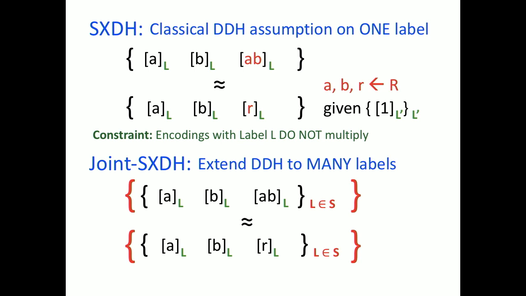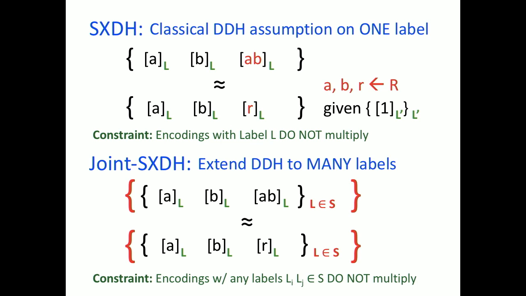Clearly, some constraints are needed. In particular, any two labels in the set, Li and Lj, should not pair together. Suppose they can, then I can launch the same attack I just mentioned with respect to SXDH to differentiate encodings of AB and encodings of R.